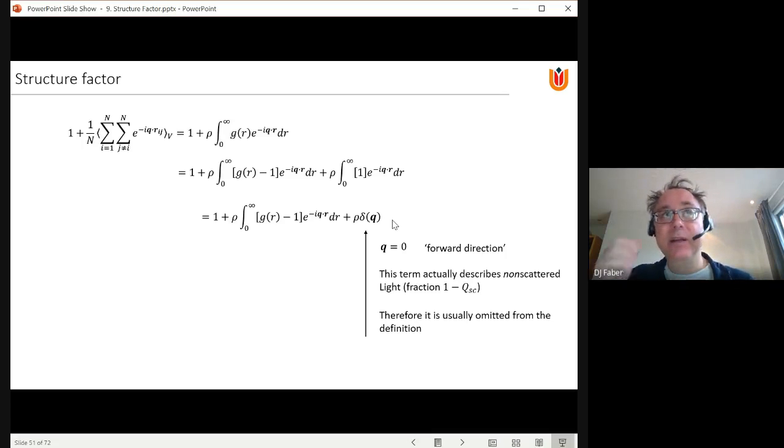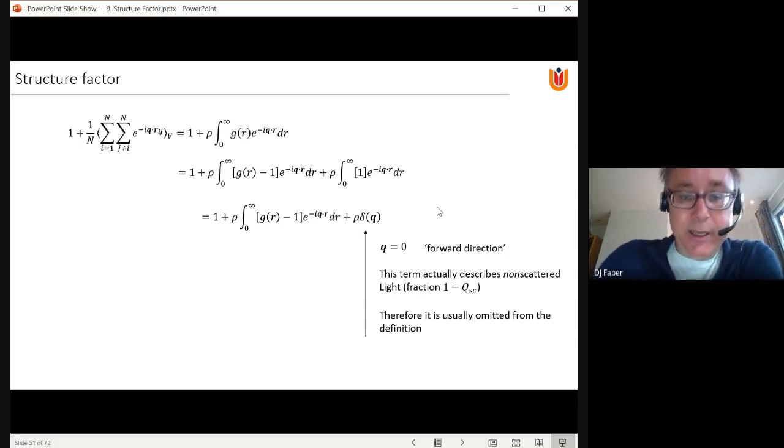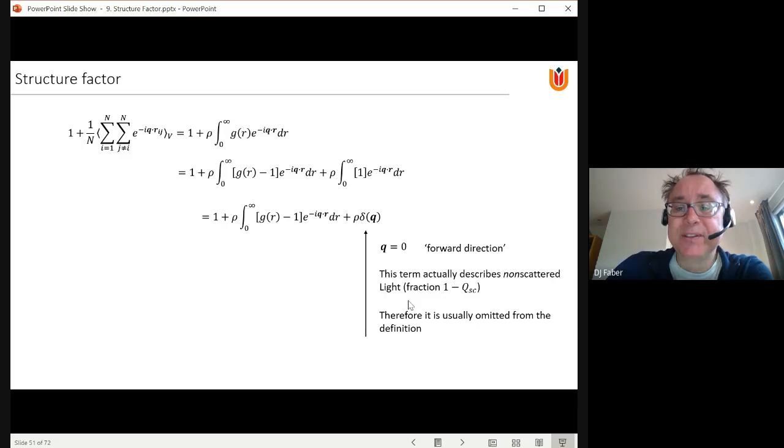Q was 2 times k times sine of half theta. If theta is 0, then q will be 0. If theta is 0, then we're looking in the forward direction. So this term corresponds to what you measure in the forward direction, and actually, this is the term that describes the non-scattered light. Let's say you have some scattering efficiency q.